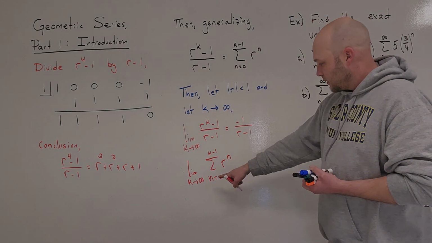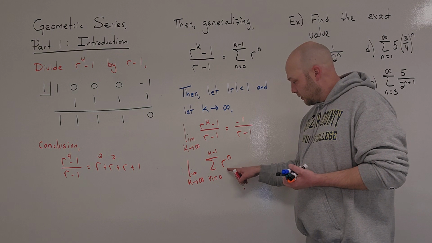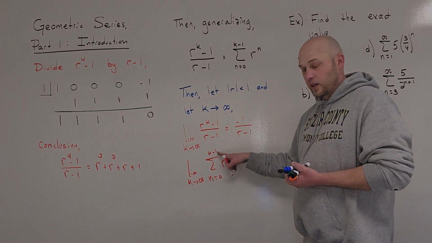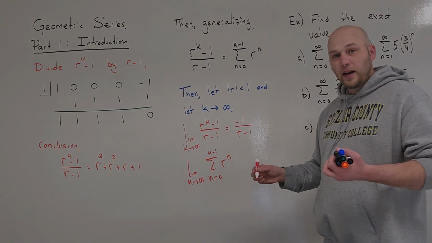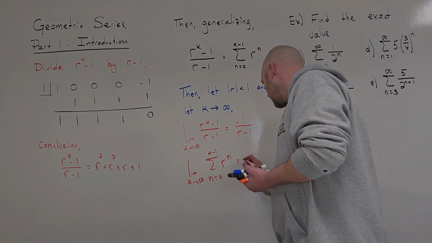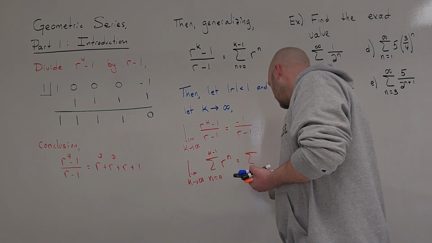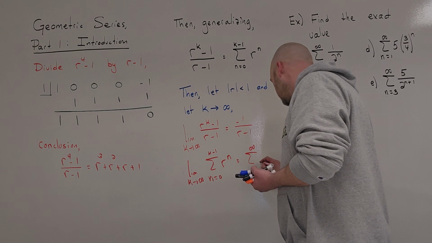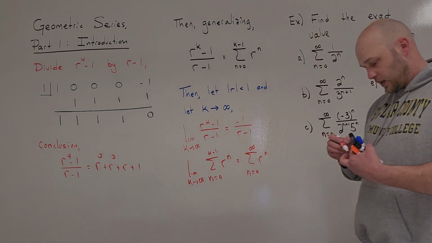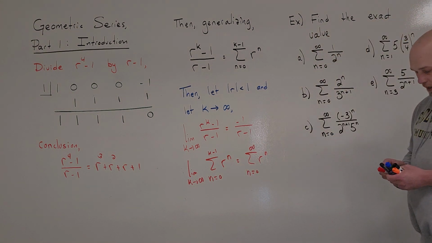Okay, take the limit as k goes to infinity of this finite series. It turns into an infinite series. If k goes to infinity, then k minus 1 goes to infinity. This would give me the sum n equals 0 to infinity of r to the n.